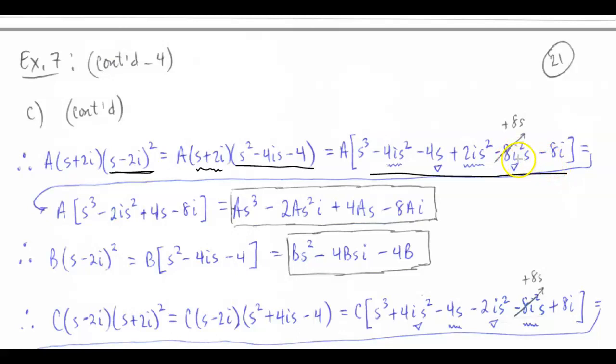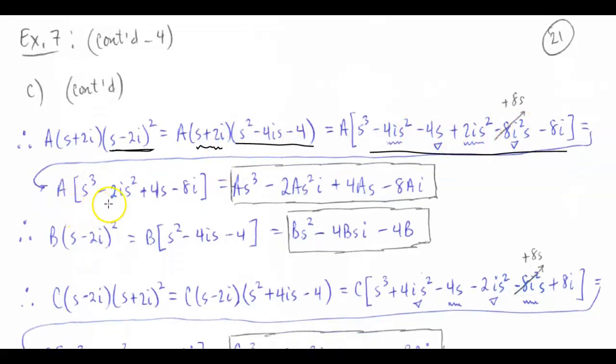Everywhere where I have i squared, I know that's going to be a -1. So a -1 times -1 here is going to be a +1, and +1 times 8 times s is just 8s. From here, I just combine this +8s with this -4s and get a +4s here. And I know that that first term simplifies to this.